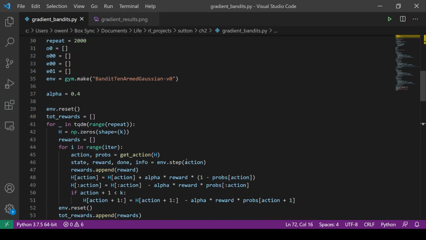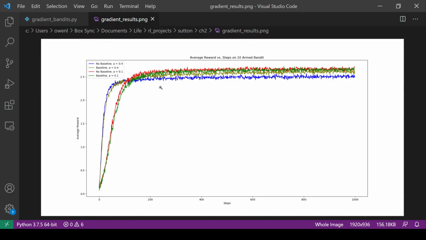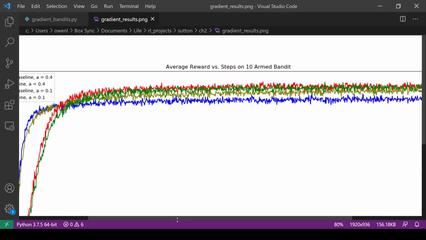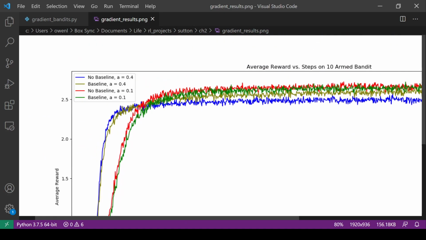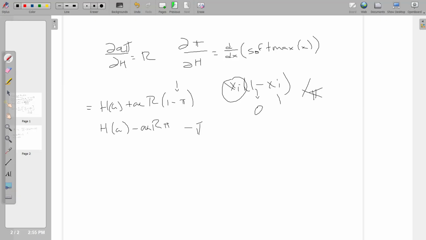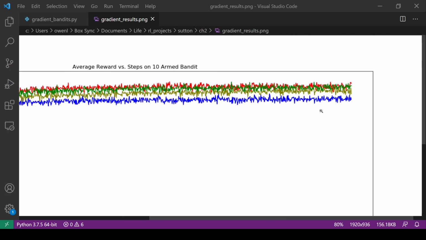And you'll see baseline techniques sometimes occur in policy gradients. And so we run this code, and you can see that the alpha value is the learning rate. If we remember, you can go back and see that this alpha value is basically how fast it learns, like the learning rate in artificial neural networks. And so we can see here that without a baseline, it achieves subpar results.